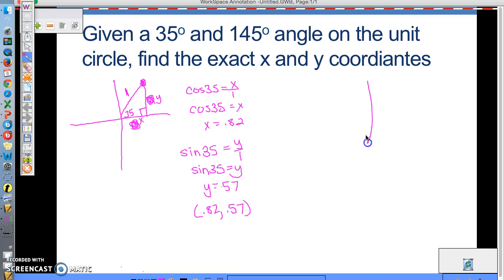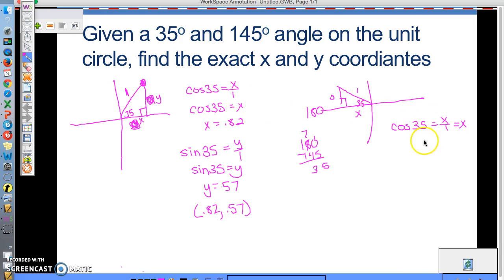We're asked to do the same thing for 145. Well, 145 is in this quadrant. What is our reference angle? Well, 180 minus 145, we end up with 35. So we have x, y, and 1. Well, we can set this up again. The cosine, adjacent over hypotenuse, is just our x again.